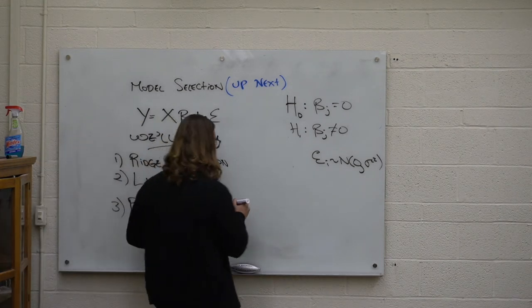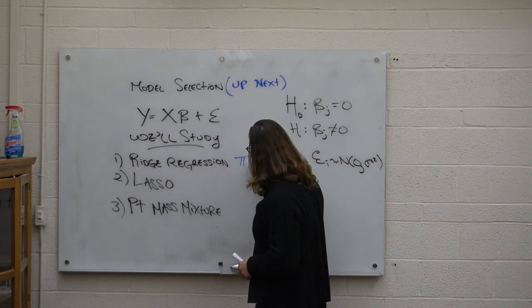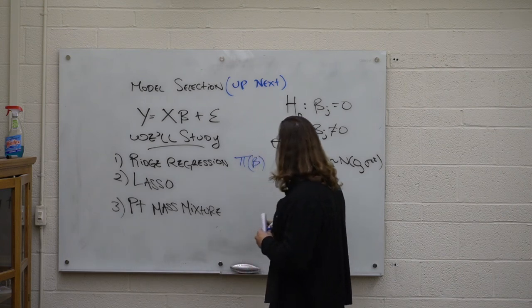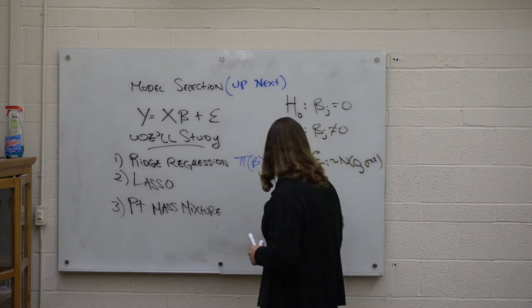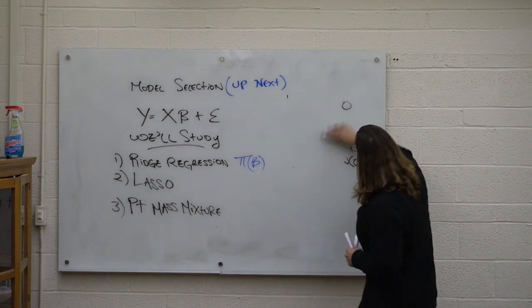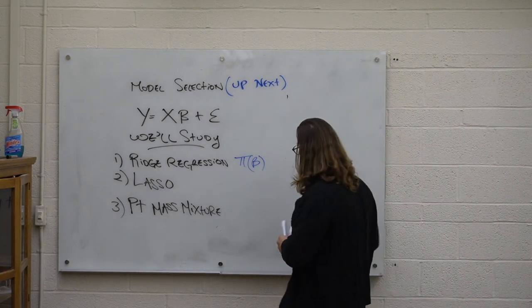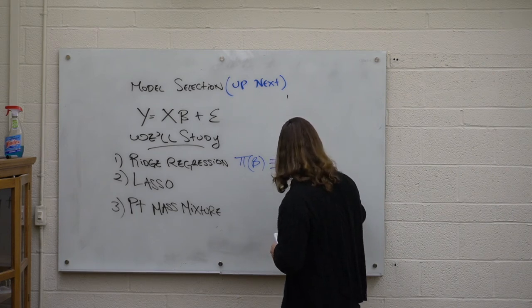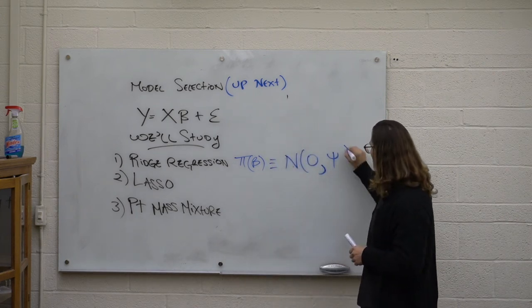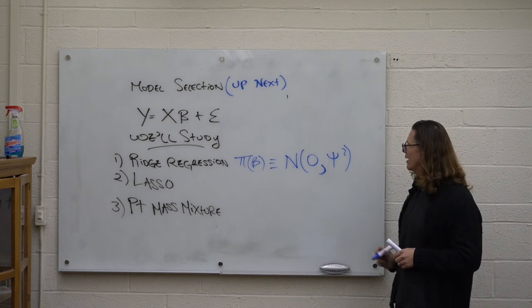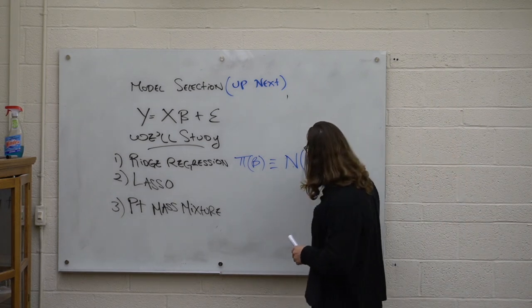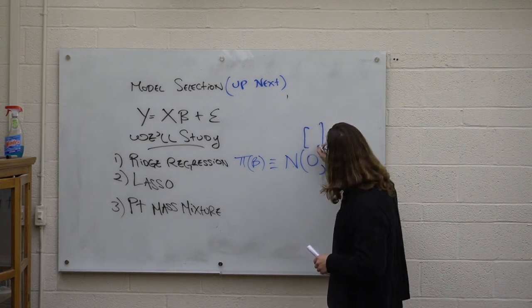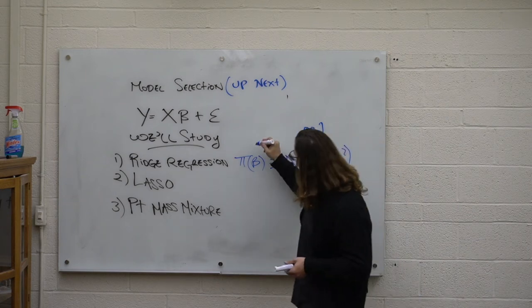Ridge regression is tantamount to placing a normal prior on the betas. So this is going to be a normal distribution centered at 0, and there's going to be some variance. And this variance is going to help regularize the space. What I mean by this is going to be the 0 vector right here.